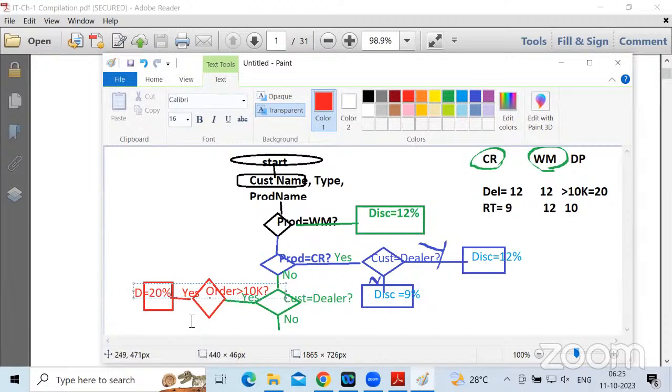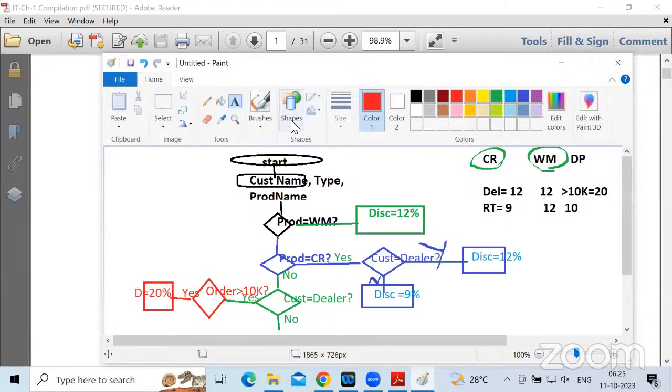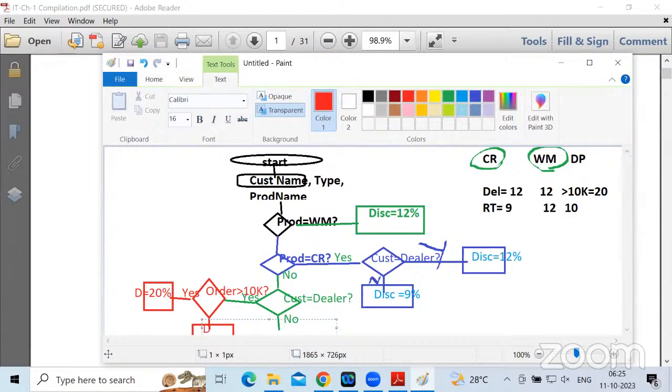Discount is equal to 20%. So what will be no? If no, then it is 0%.